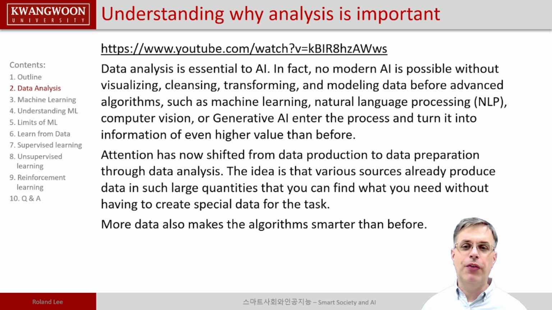More data also makes the algorithm smarter than ever before. Imagine wanting an AI based on computer vision to control your pet door, to let cats and ducks in but keep other animals out.